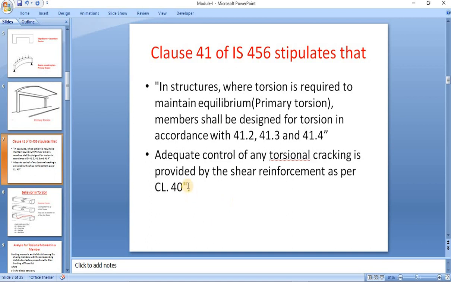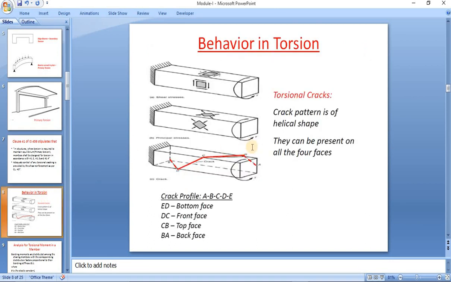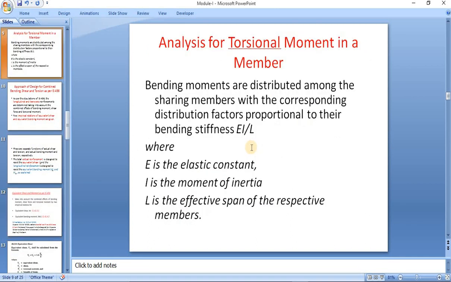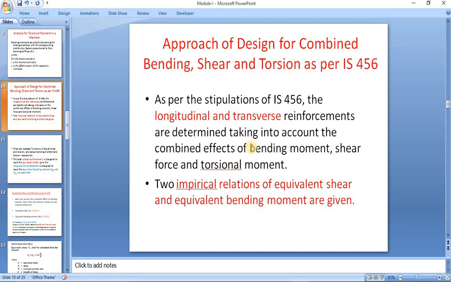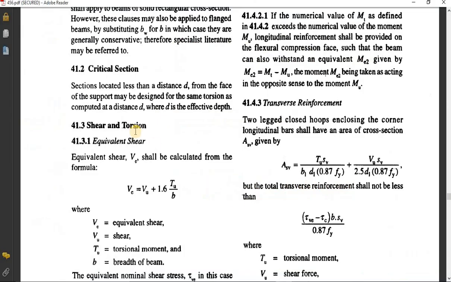To avoid the torsional cracking, we need to go for clause number 40. This is the behavior of a section in torsion. Analysis of a section in torsion we have seen in a previous session. Approach to design: as I have said, both longitudinal and transverse reinforcement is to be provided.